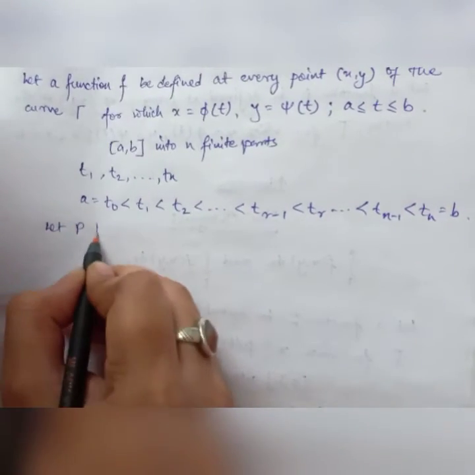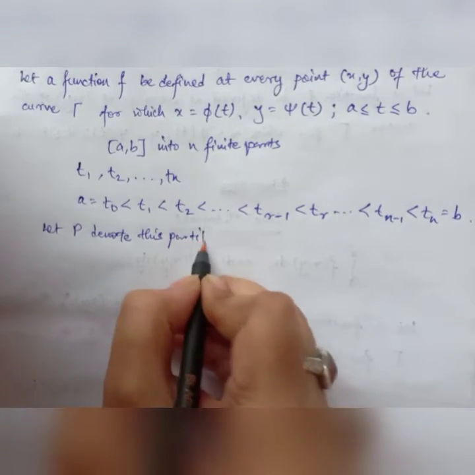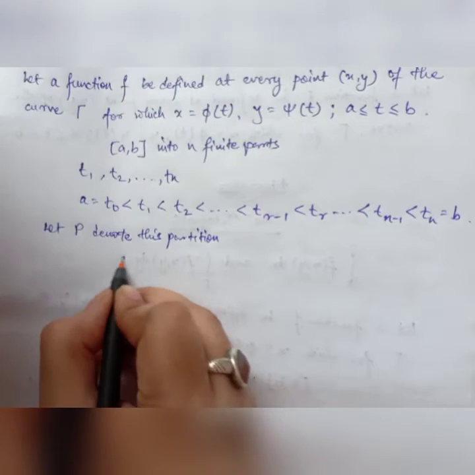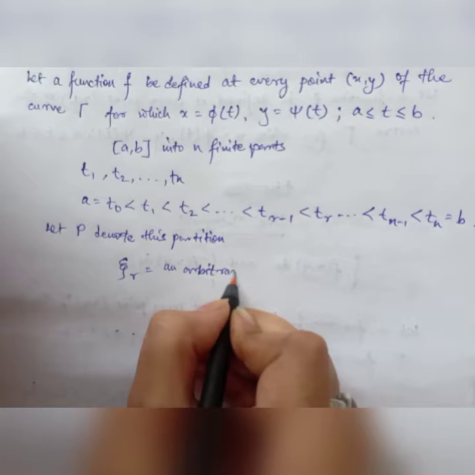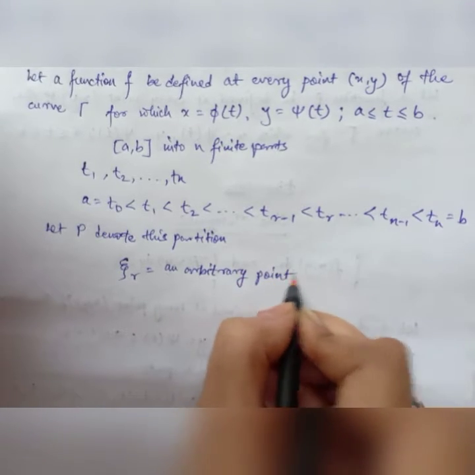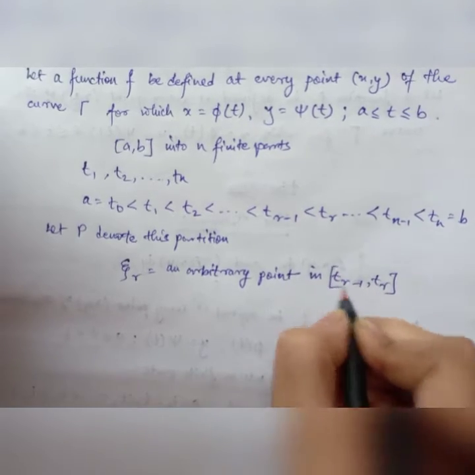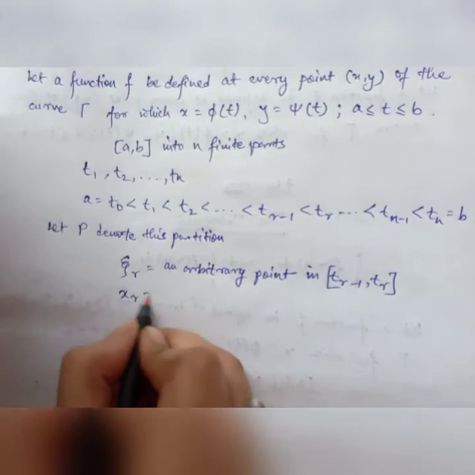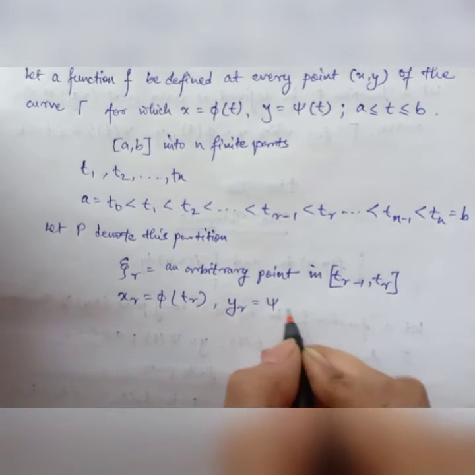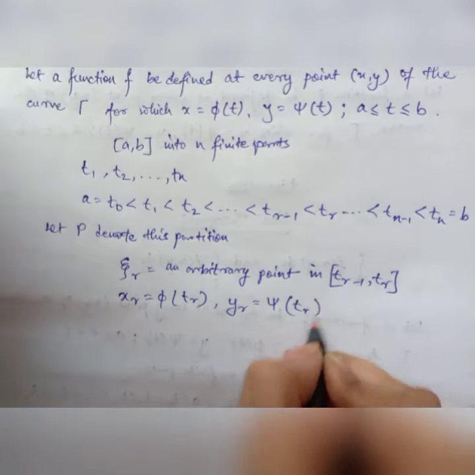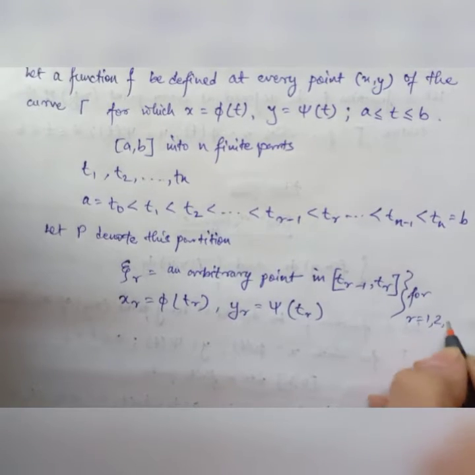Let p denote this partition and we set xi r equals an arbitrary point in the closed interval tr minus 1 tr, and xr equals phi of tr and yr equals psi of tr. This is for r equals 1 to n.